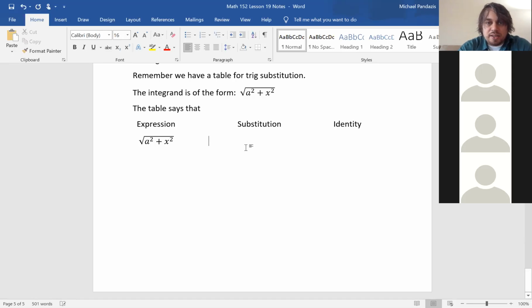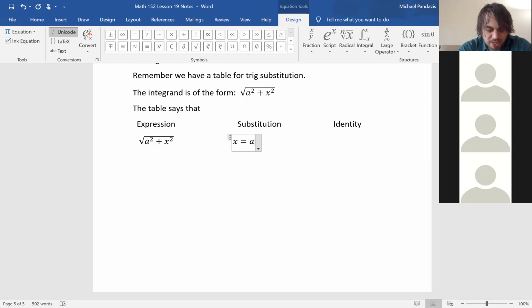And here, I'll remind you what the table said. You have x equals a tan theta, and it's for values from negative pi over 2 strictly less than theta strictly less than pi over 2. That's the substitution.